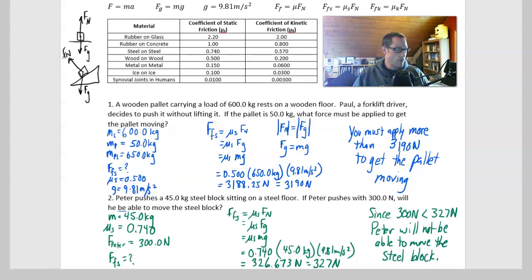For question number 4, it says David pushes a block weighing 200 newtons along the surface. Now, we haven't really talked too much about the weight of something in newtons, but if something has a weight of, say, 200 newtons, it means that the object has a downward force due to gravity of 200 newtons.